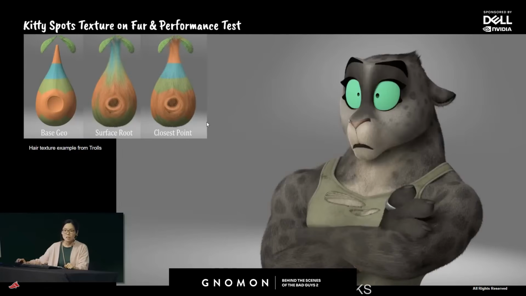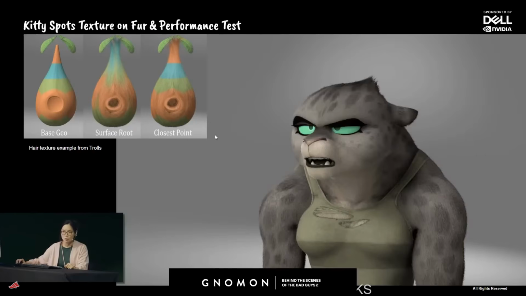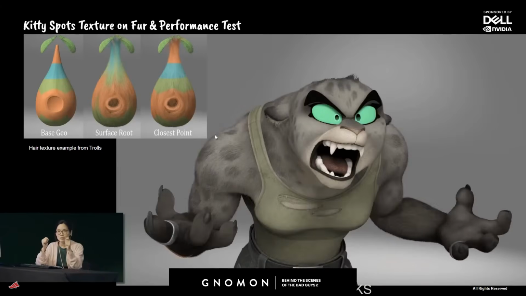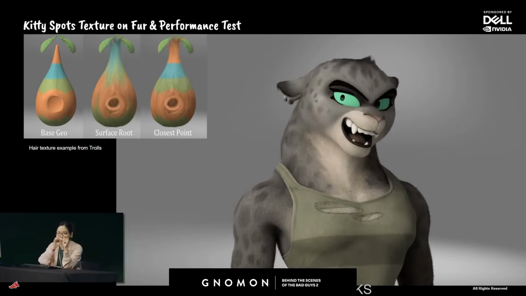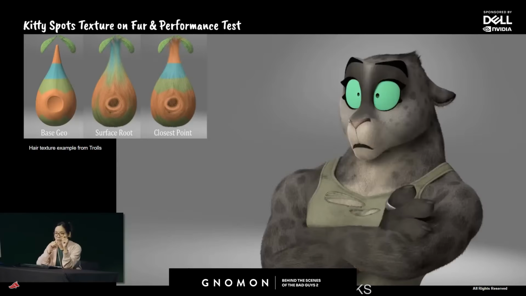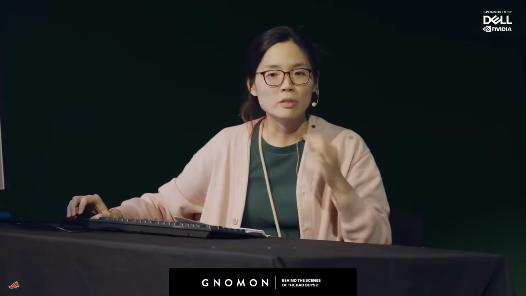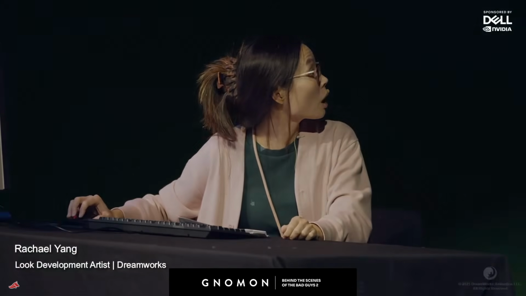But if we only used the second method, it would look like you have a stencil and a bottle of spray paint and you just spray painted a spot onto a gray cat. It's not natural, it looks weird. So that's why for any pattern animals on most of our animal shows, it's a blend of both.